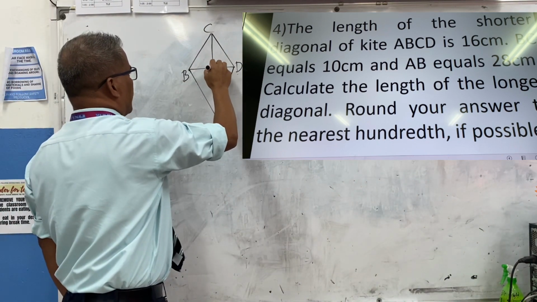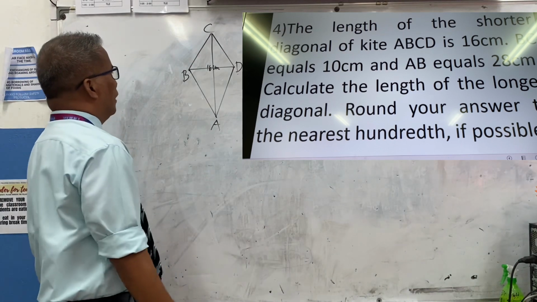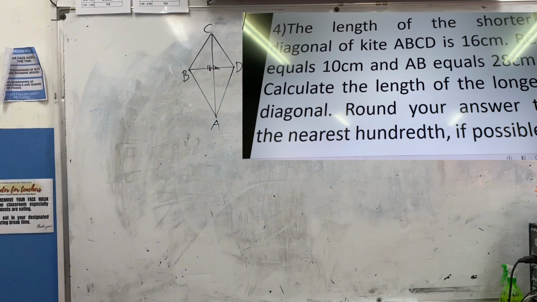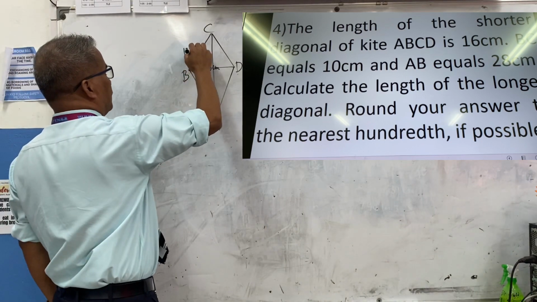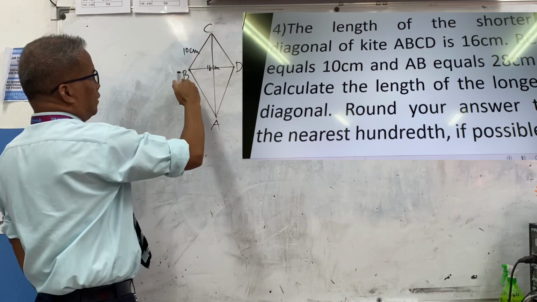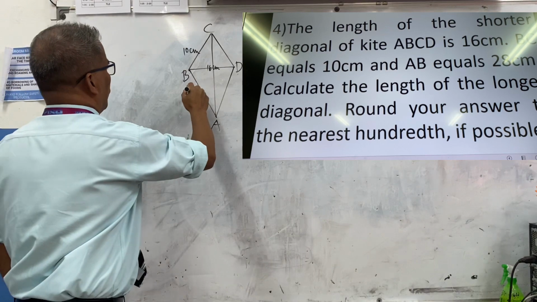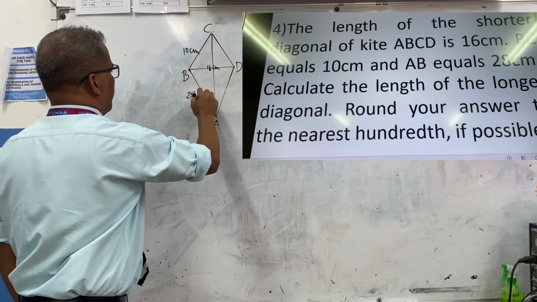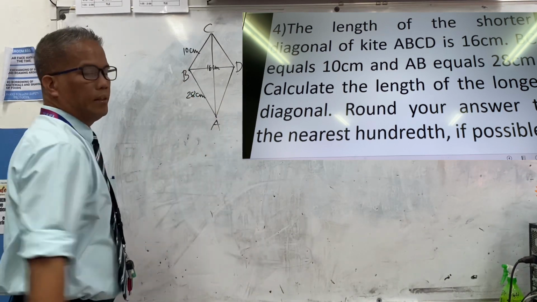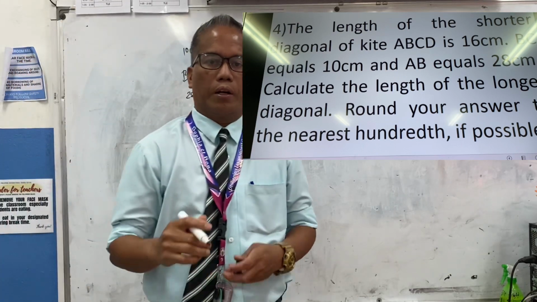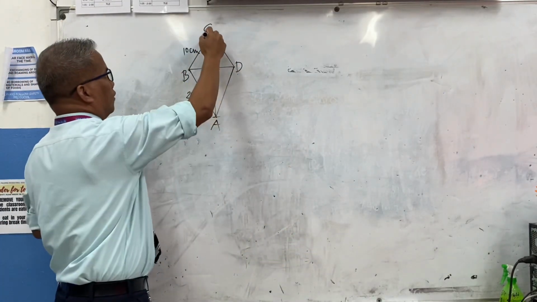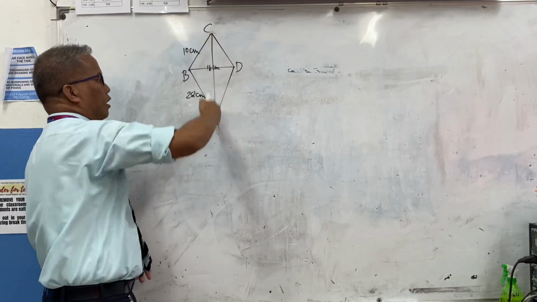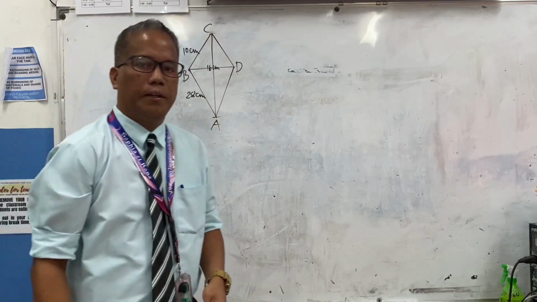BC is equal to 10 cm and AB is equal to 28 cm. Now the question: we are going to find the length of the longer diagonal. So segment AC is the longer diagonal.